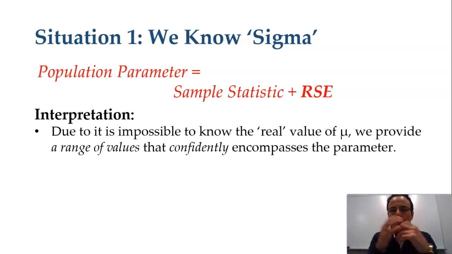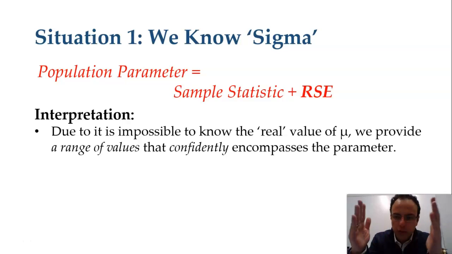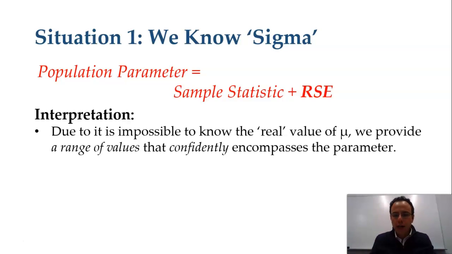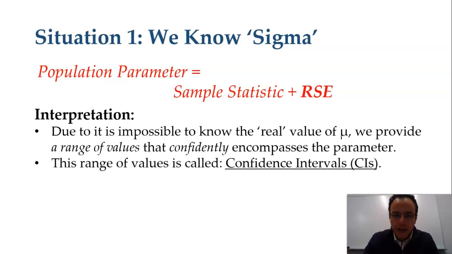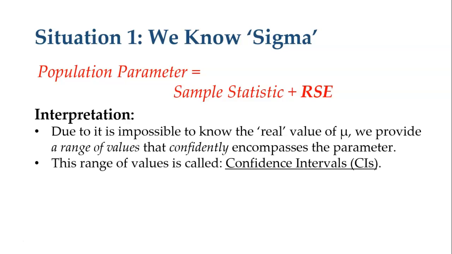Because it is impossible to know the real value of mu, the population parameter, we provide a range of values within which we are confident that mu lies. That range of values is called a confidence interval.